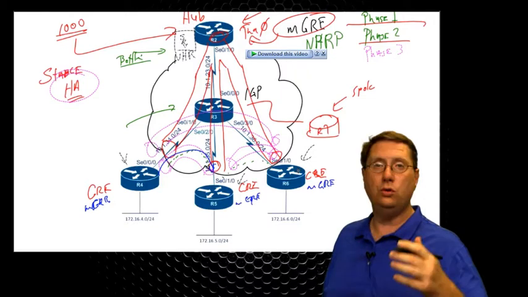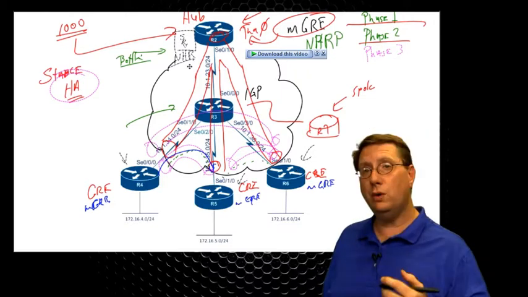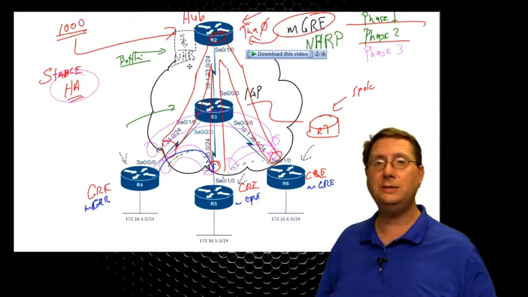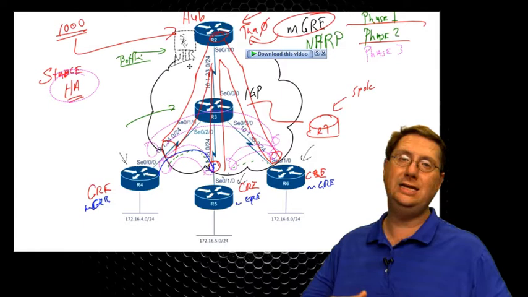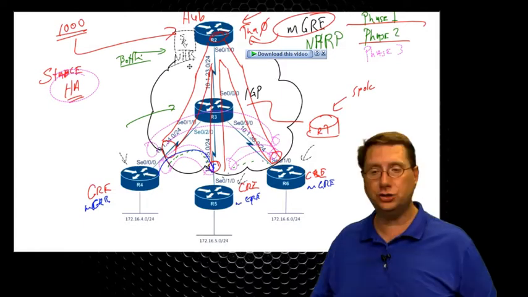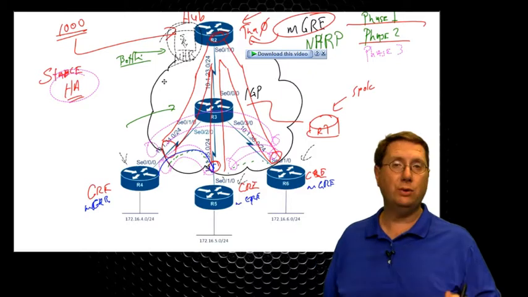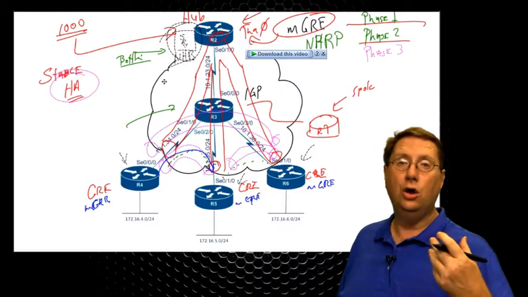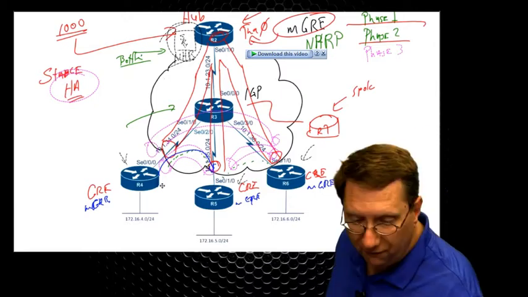In order to participate in this multipoint GRE configuration that is DMVPN, they're going to register with the logical entity that exists on the hub. When they register, they're going to tell the hub who they are and what addresses it would use to reach them.